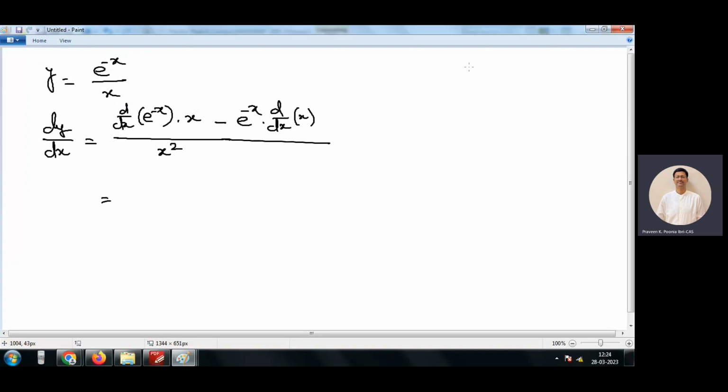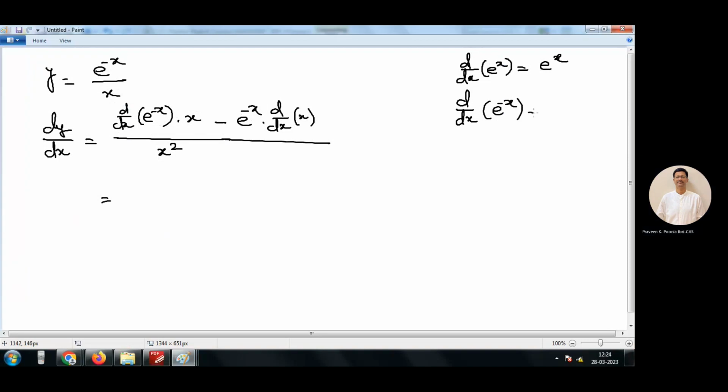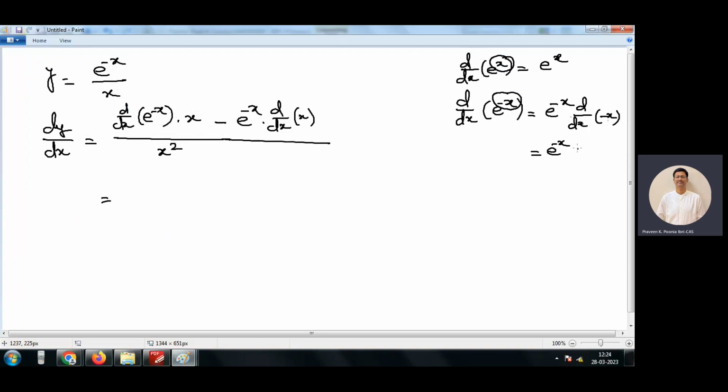So here you can see, the derivative of e power x is the same, e power x. But if I ask you the derivative of e power minus x, my dear friends, it is the same, but here it was x, here it is minus x. So you need to write the derivative of minus x also. So e power minus x into minus, the derivative of x is 1, so it is minus e power minus x.